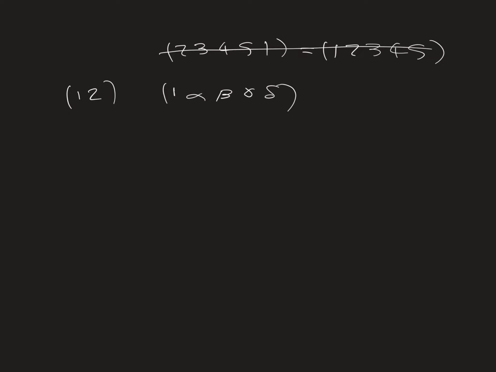If I've got (2 3 4 5 1), this is equivalent to (1 2 3 4 5). So I can always rewrite my 5 cycle so that 1 is in position 1. So I've got now (1 alpha beta gamma delta), where alpha, beta, gamma, and delta are 2, 3, 4, and 5, but we don't know which one's which.